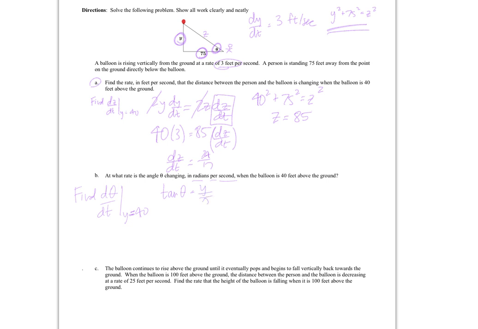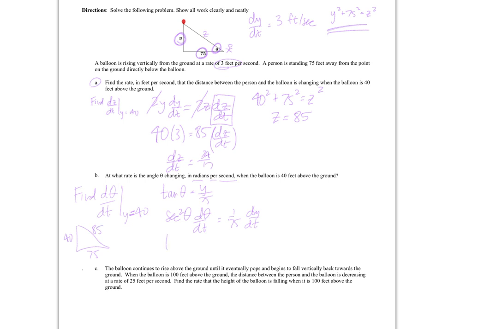So let me take the derivative. Secant squared theta d theta/dt is equal to 1 over 75 dy/dt. Let's plug in what we know. Oh, well, I don't have secant. Here's the triangle. I know that's 40. I know that's 75. Oh, wait, I do have that. Never mind, I do have secant.